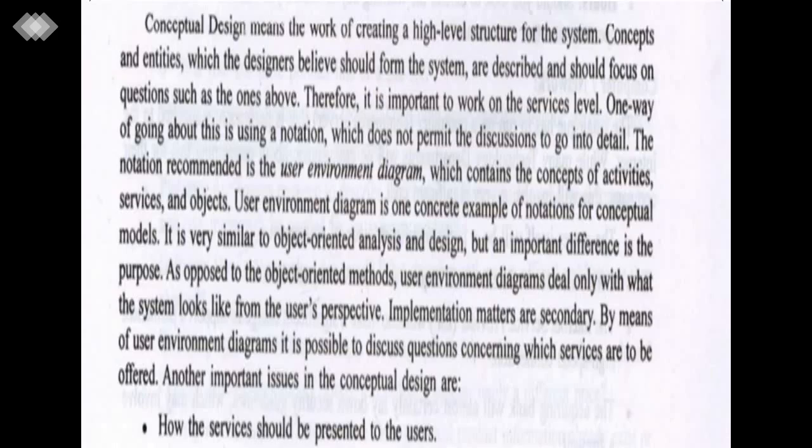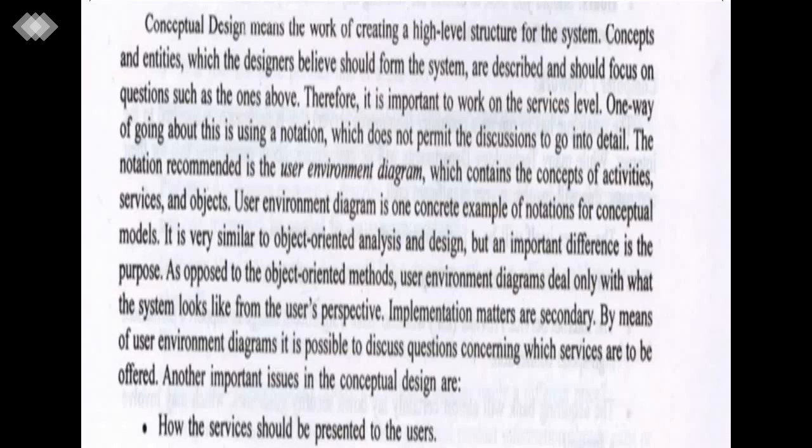The notation recommended is the user environment diagram, which contains the concepts of activities, services, and objects. The user environment diagram is one concrete example of a notation for the conceptual model. It is very similar to object-oriented analysis and design, but an important difference is the purpose.